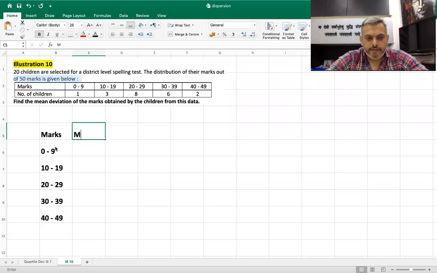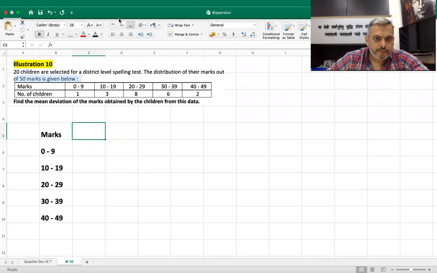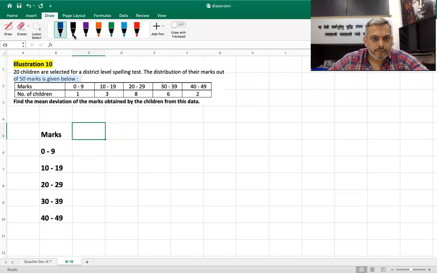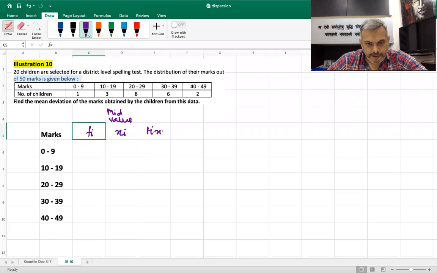Then because I want to find the mid value, let's write frequency, that is the number of kids, then the mid value Xi, then Fi into Xi, and then we find Xi minus X bar modulus.